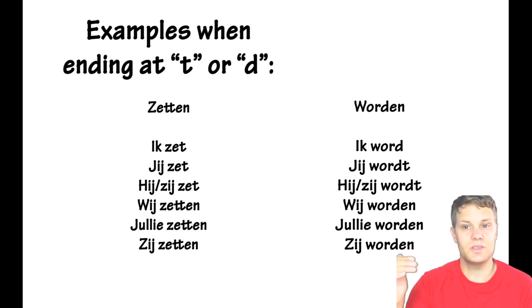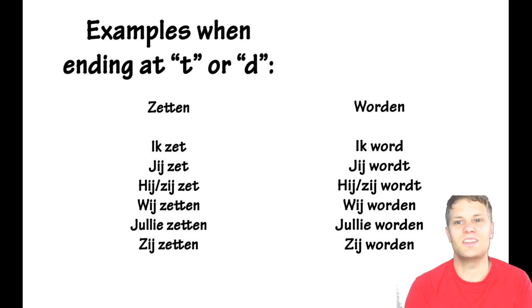So they said, we're going to put a T at the end after the D, but we're going to pronounce it as if there was just a T. So ik word, it is exactly the same as jij wordt. So you don't say wordt, you don't have to say that. If you say DT, just pronounce it as a T. Just pretend that the D is silent. Hij, zij wordt, wij worden, jullie worden, zij worden.